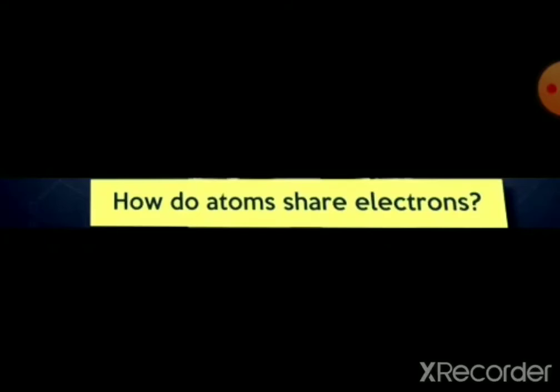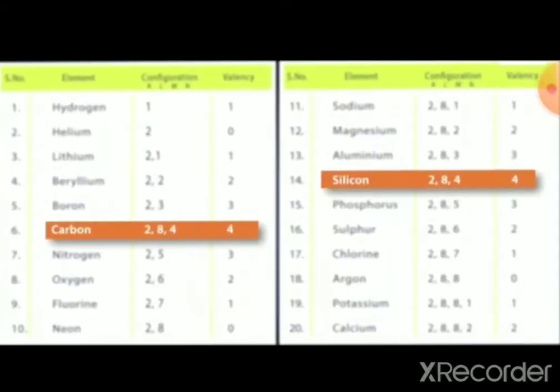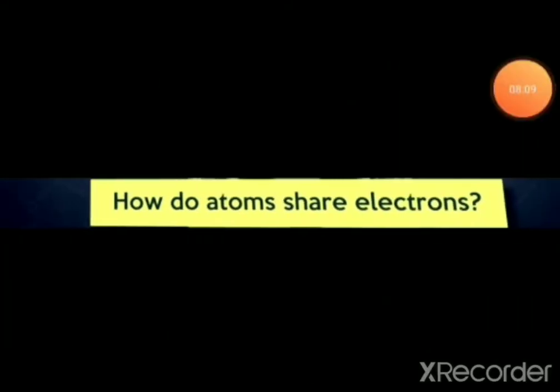So how do atoms share electrons? Let us take one example. Suppose you have the chemistry notes and your friend has physics notes. Both of you want both the notes.